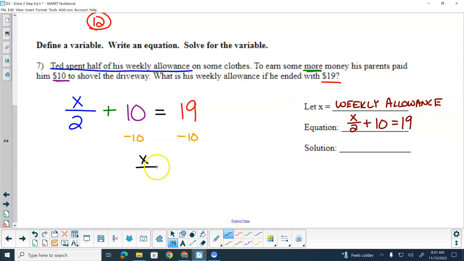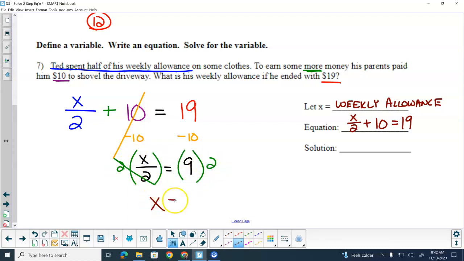That gives us x divided by 2 equals how much? 9. Now we're going to multiply both sides by what, Mark? By 2. That's going to give me x equals 18.